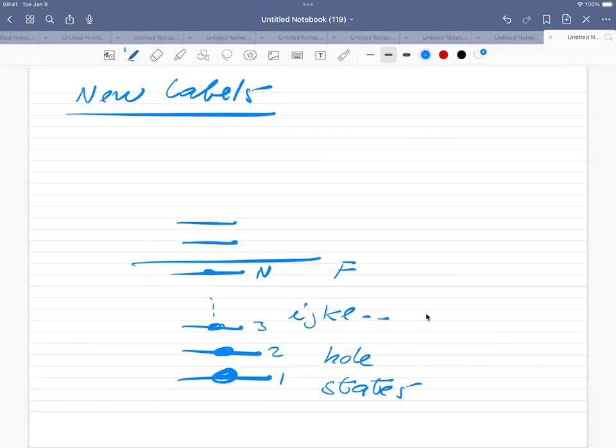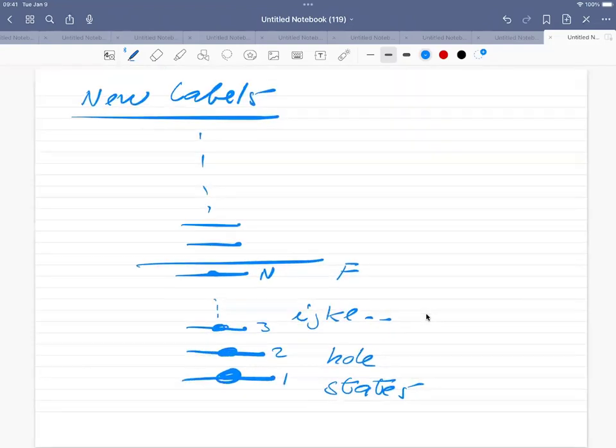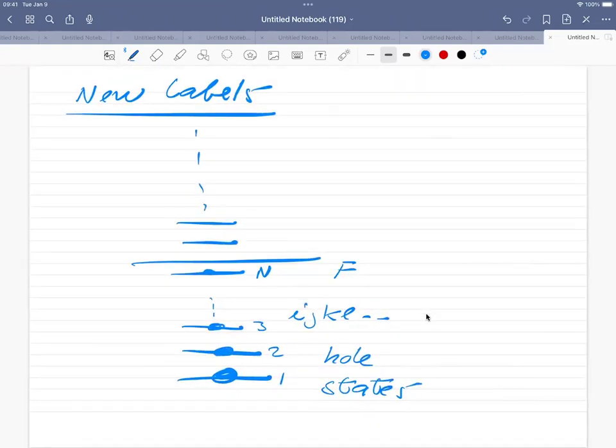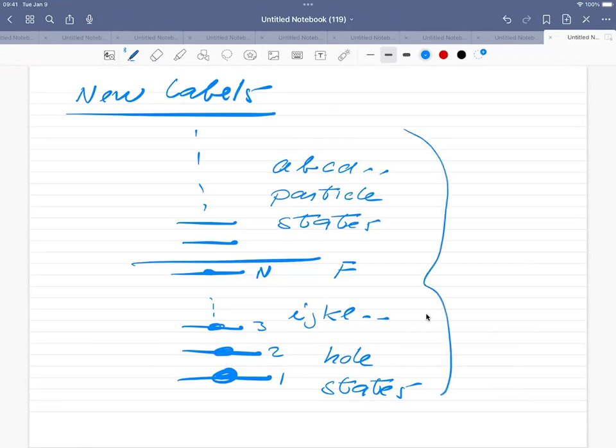And here we have states above the Fermi level, and these are normally called particle states. I'm going to use indices or subscripts a, b, c, d, etc. And then we are going to use a kind of general labeling for all states, p, q, r, s, etc. So these are just all single particle states.